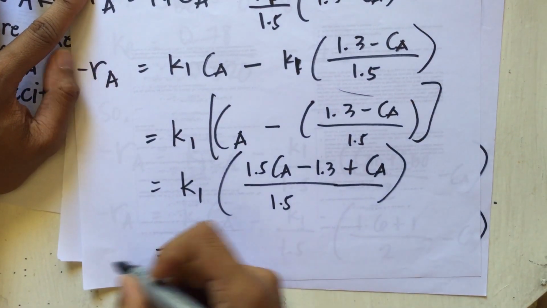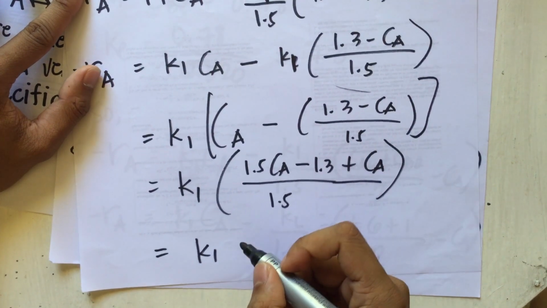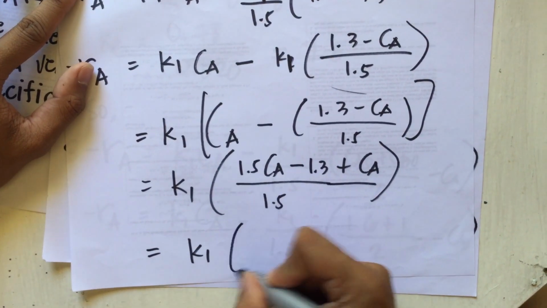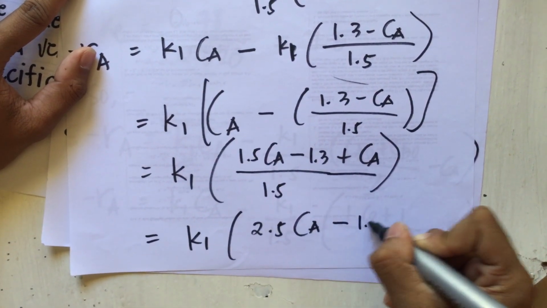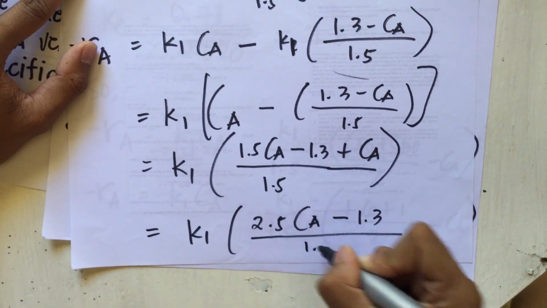So we have K1 times 2.5 CA minus 1.3 all over 1.5.